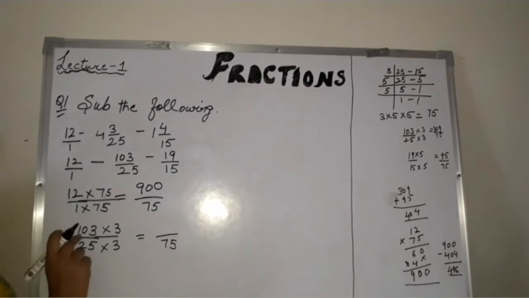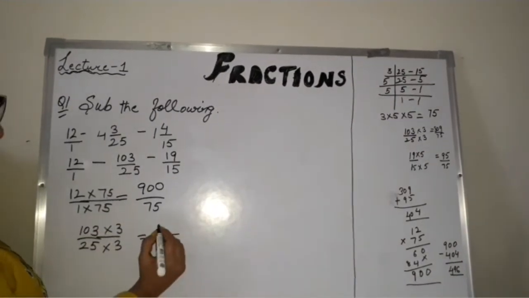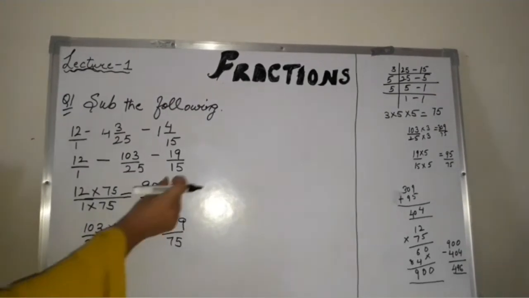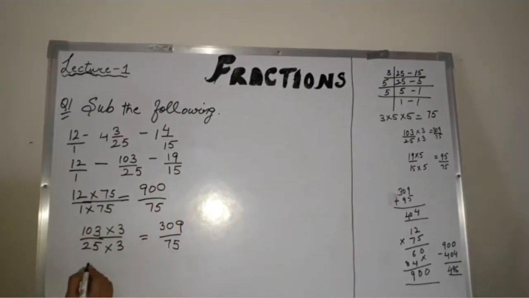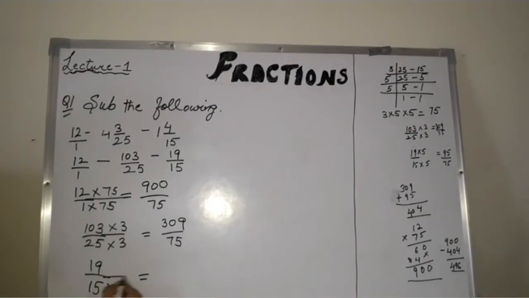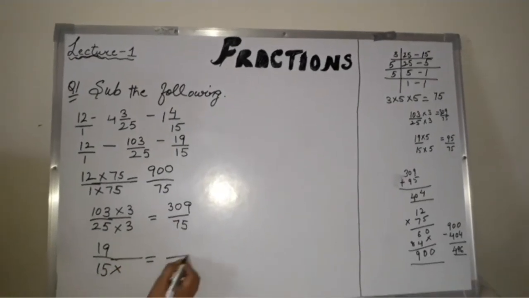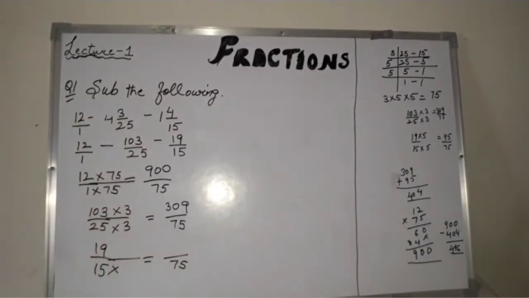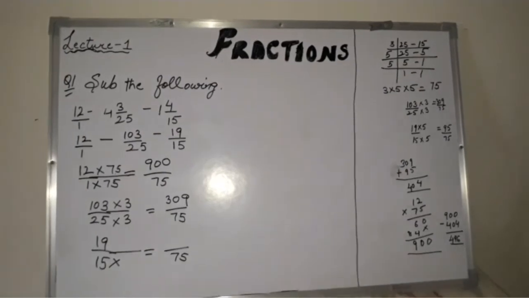So 103 multiplied by 3 is 309. Then next I pick 19 upon 15. I will multiply the denominator and the numerator by 5, so that I get 75 in the denominator.